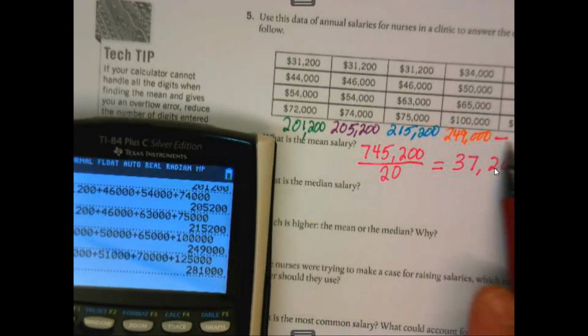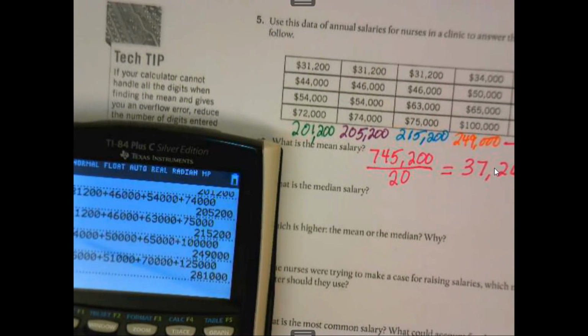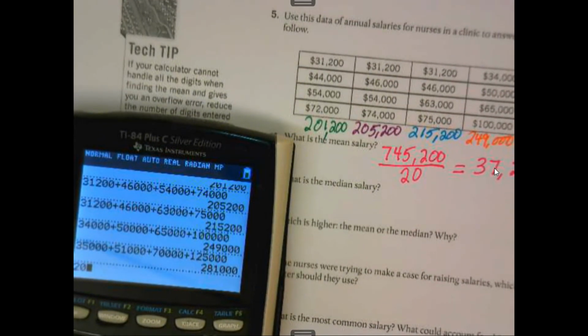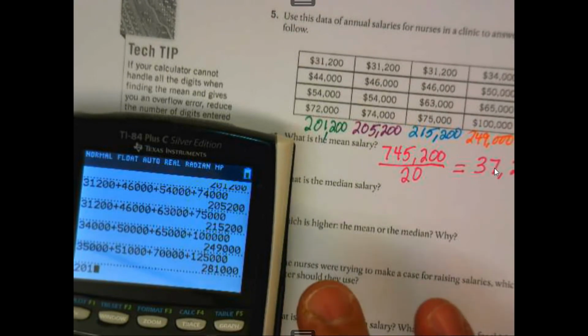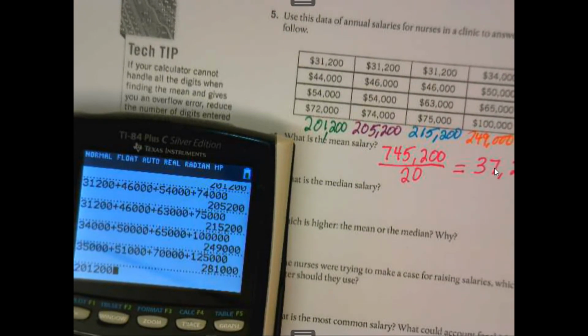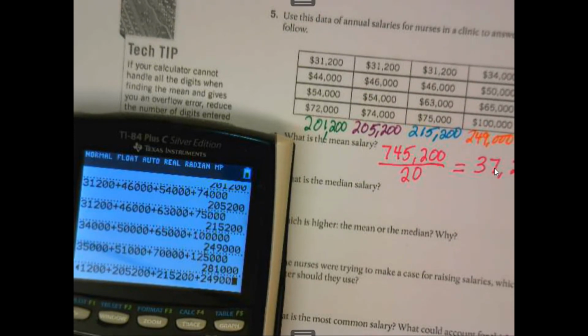Now I'm going to add all these together. 201,200 plus 205,200 plus 215,200 plus 249,000 plus 281,000.